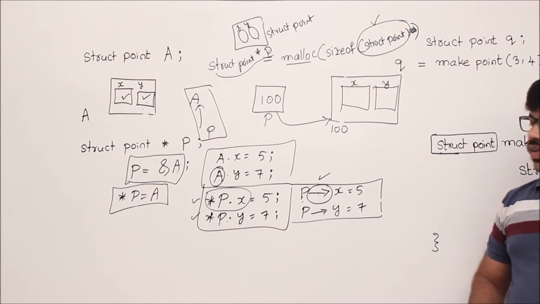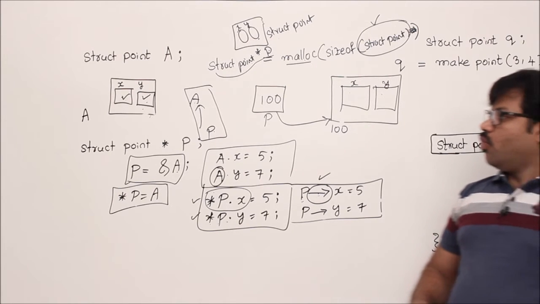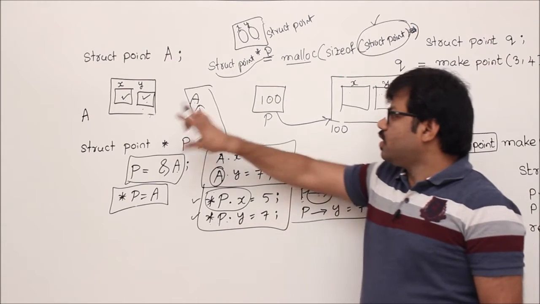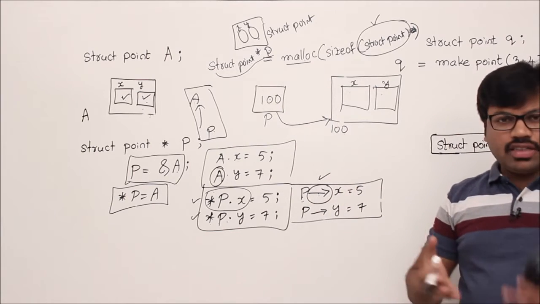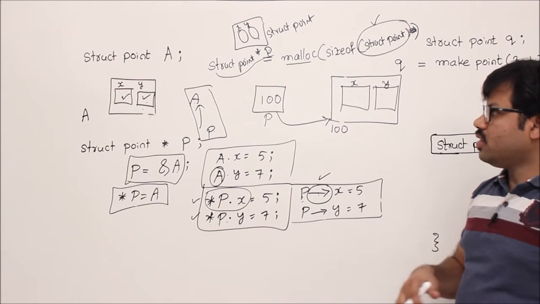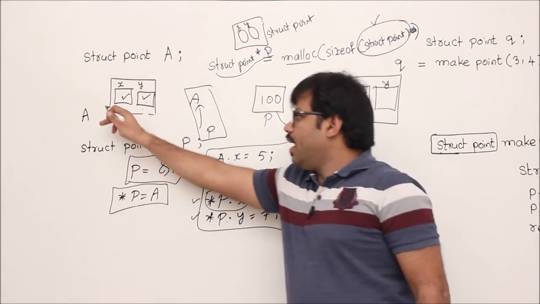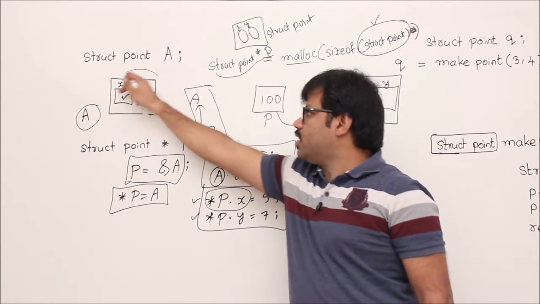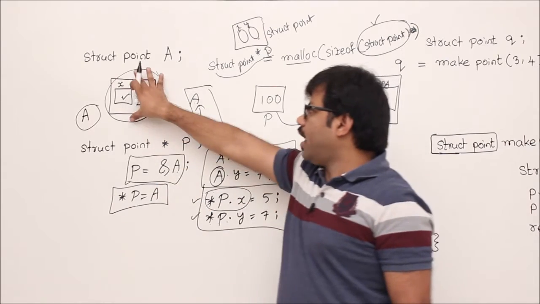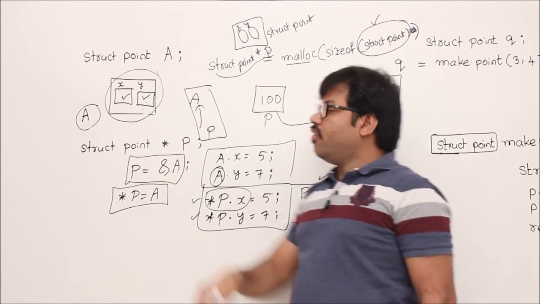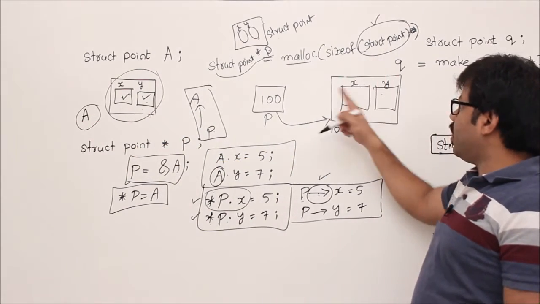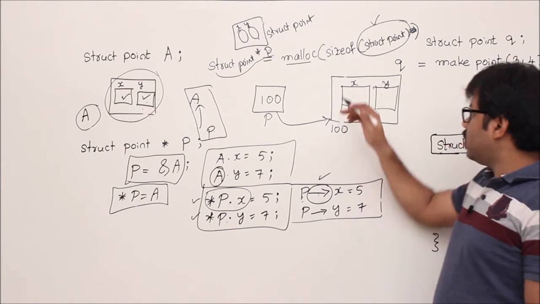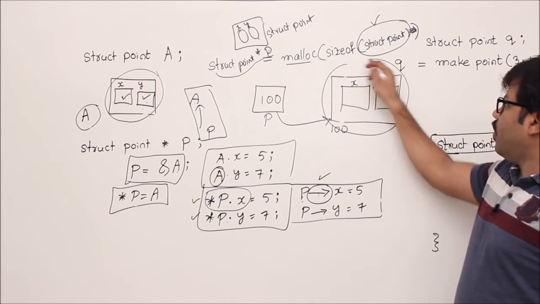Okay. Now I want to tell you one thing. What is the difference between this way and this way? What are the differences you are seeing? One difference is, in this model, a is an owner, I can say, which is referring to this box. This box has a name, correct? When you allocate some memory through dynamic allocation, otherwise malloc, such memory will not have any name.